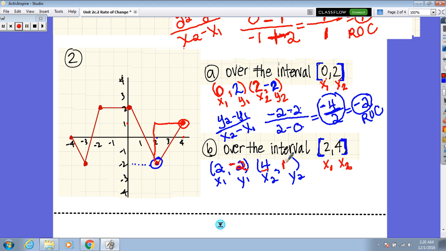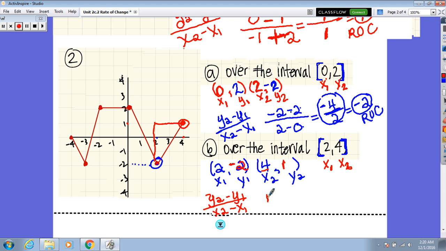So I'll show you both ways again because some people will like to use the formula and some people will like to use the graph. It doesn't matter. We're all going to get the same answer. So one way is not any better than the other way. Alright, so y2 minus y1 over x2 minus x1.